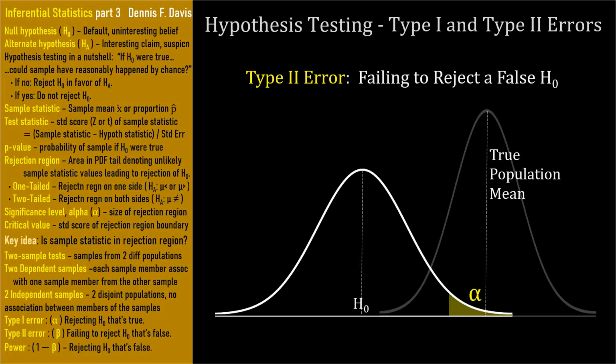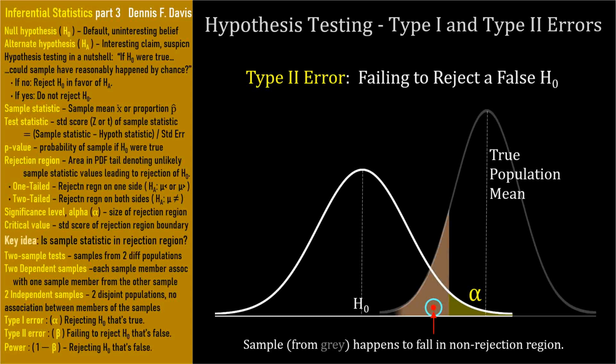So the sample we draw is from this true gray distribution and has nothing to do with our hypothesized white PDF. But due to chance, our sample happens to fall here in the non-rejection region of our hypothesized PDF. Since the sample is not in the rejection region, we fail to reject H0, even though it's false. This is how a type 2 error happens, failing to reject a false hypothesis.